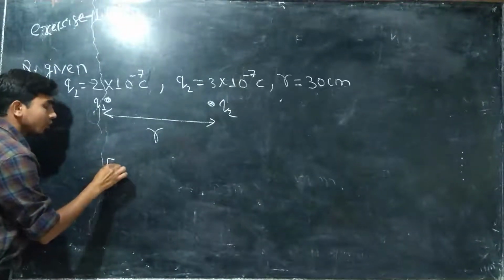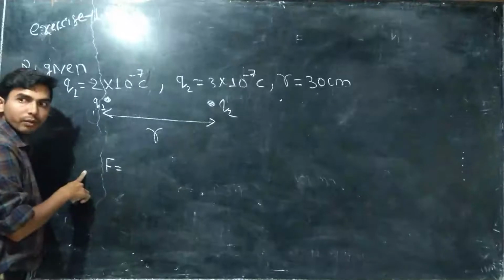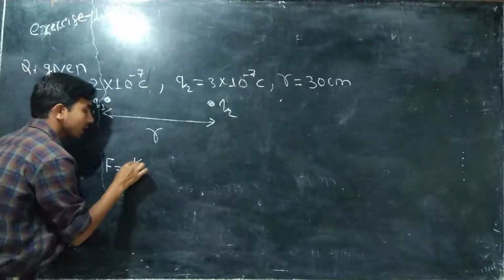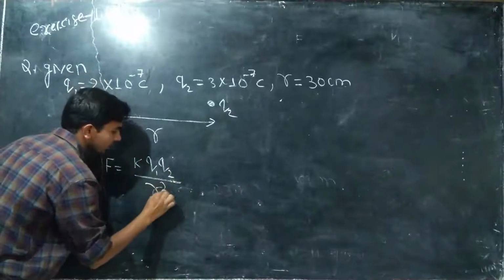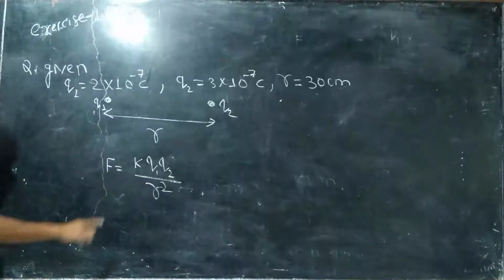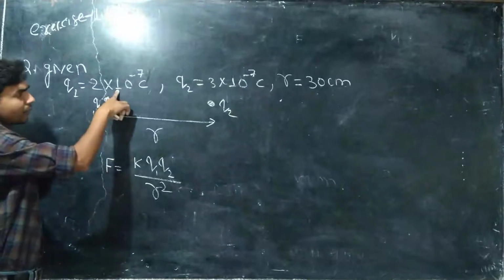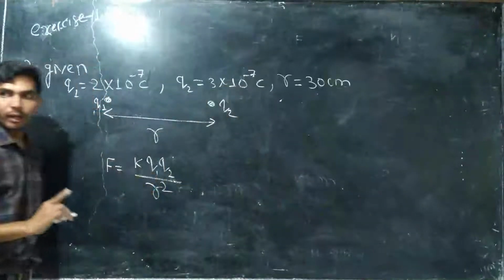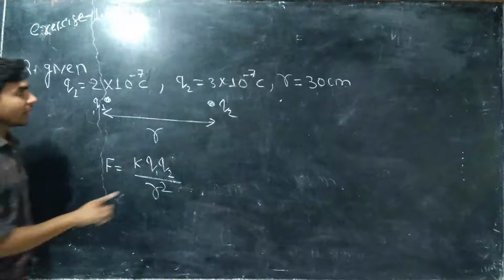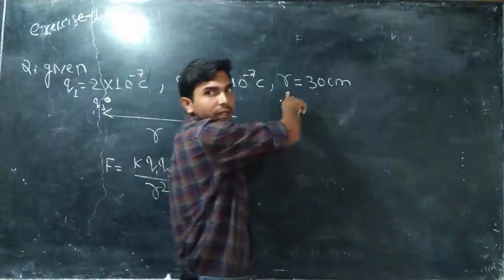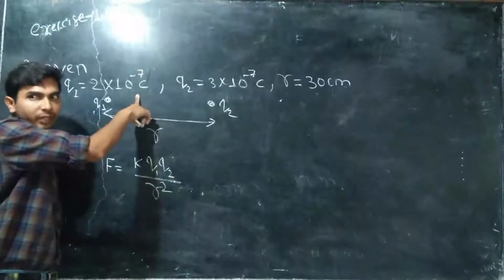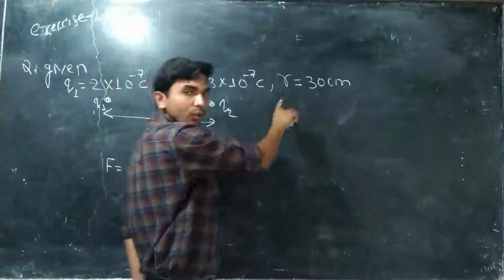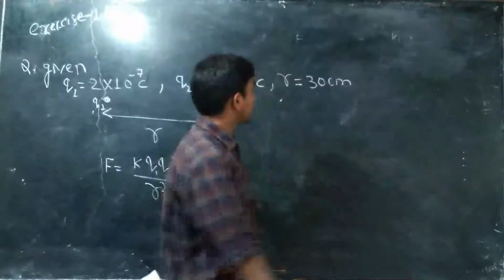You know the formula: F is equal to K Q1 Q2 by R square. The values are already given, but we have to do one thing here. R is given in centimeter and charge in coulomb. Coulomb is the SI unit of charge, so we have to convert R also into SI.